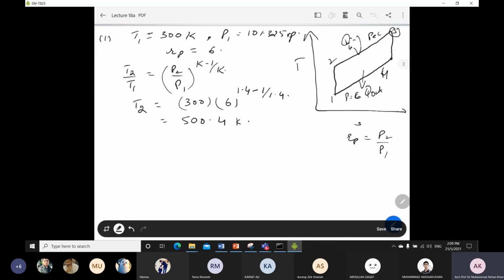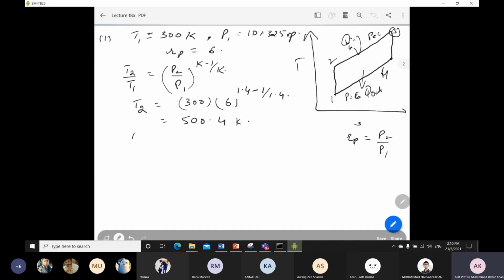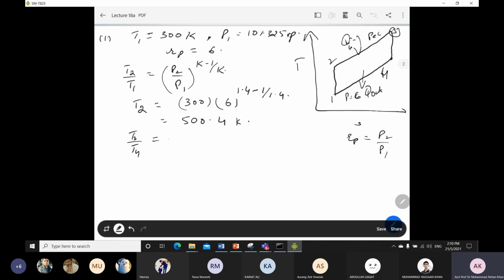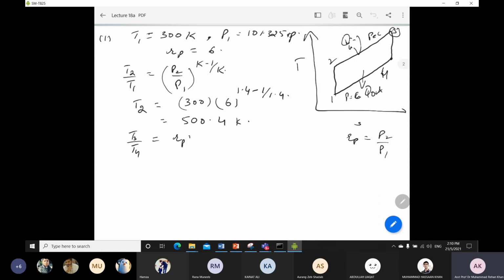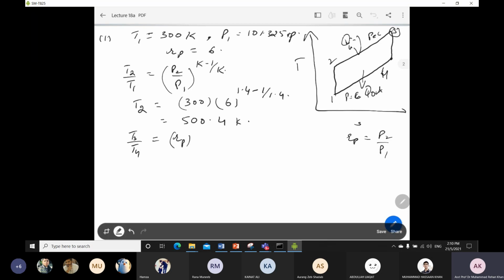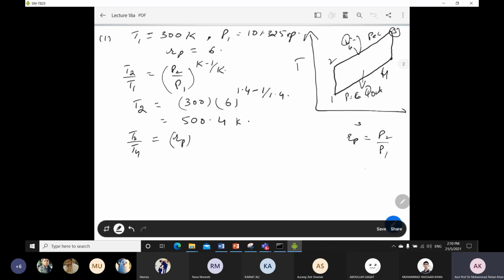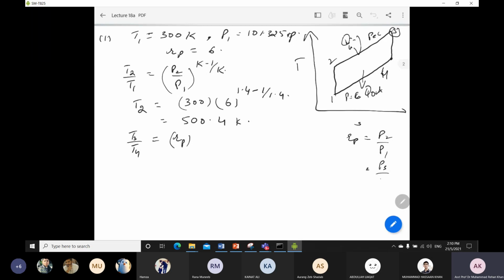Okay, so now we will move towards the T3. We can apply another isentropic relation for process 3 to 4. So T3 over T4 is equal to Rp. Again, it is a pressure ratio because P2 is equal to P3, or you can say P3 over P4.